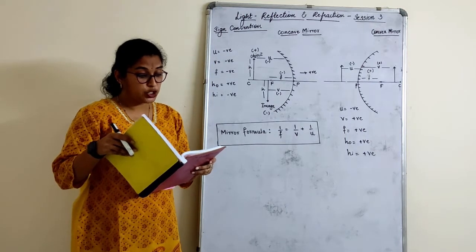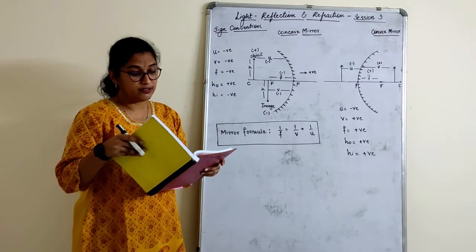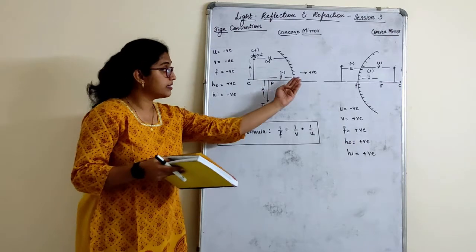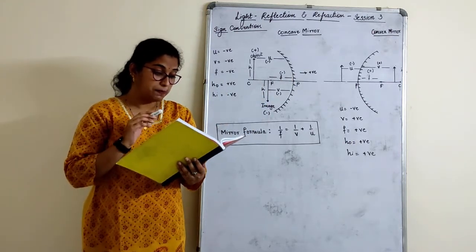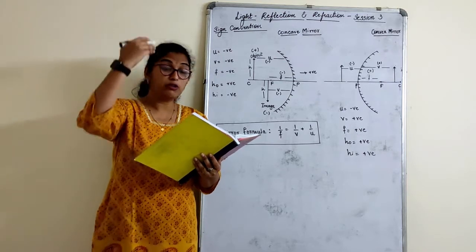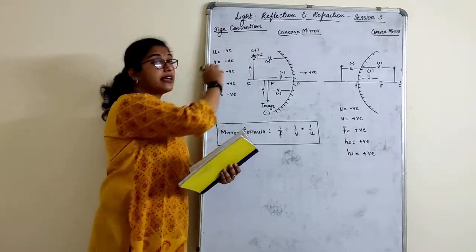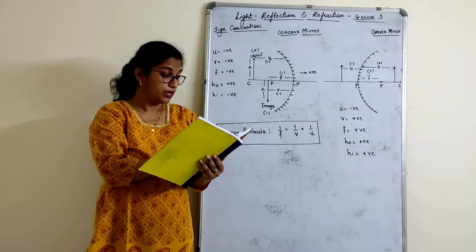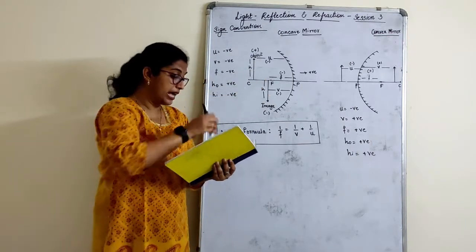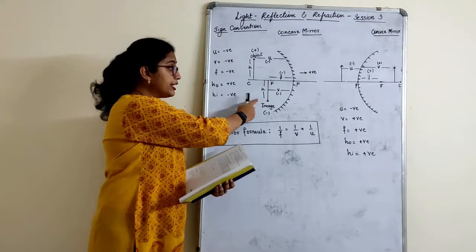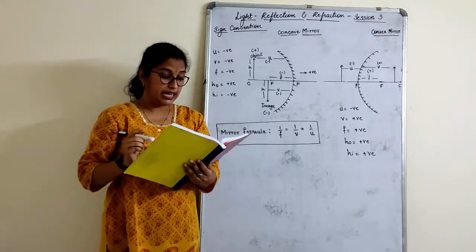And those measured against the direction of the incident ray, along negative x-axis, that is this side, are taken as negative. Distance measured perpendicular to and above the principal axis is taken as positive, height. Distance measured perpendicular to and below the principal axis, that is the height of the image, is taken as negative.